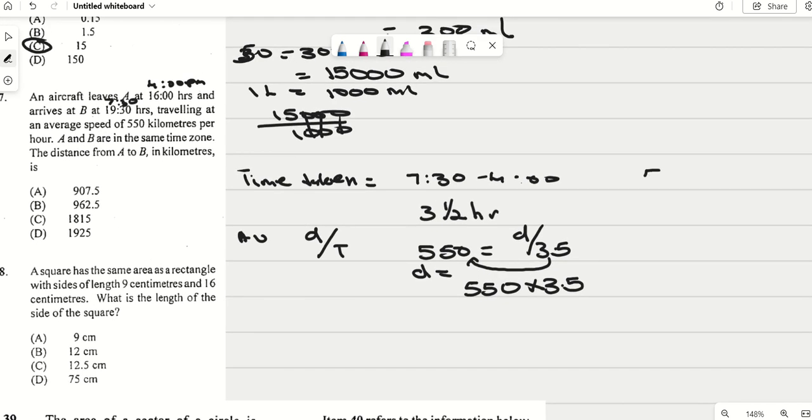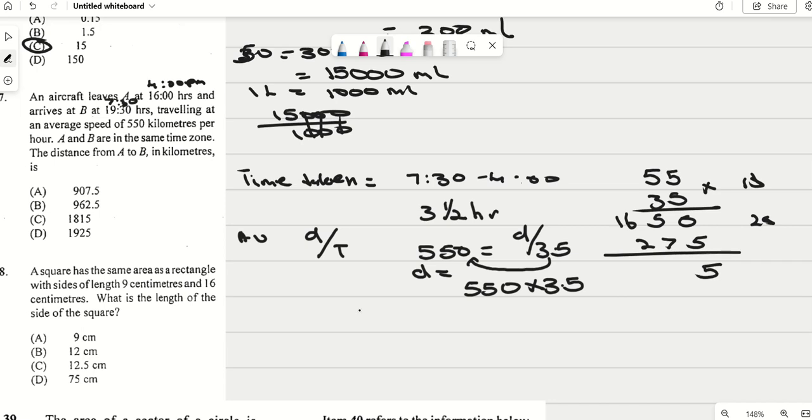55 multiplied by 35, right? 5 threes are 15, 5 threes are 15, 16, and then 5 fives are 25, 26, 27. That's 5. 5 and 7 is 7, 8, 9, 10, 11, 12.